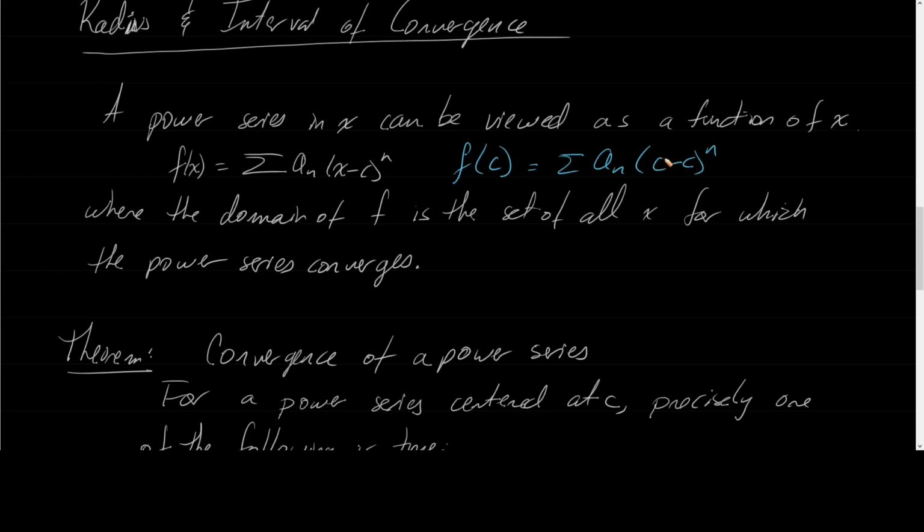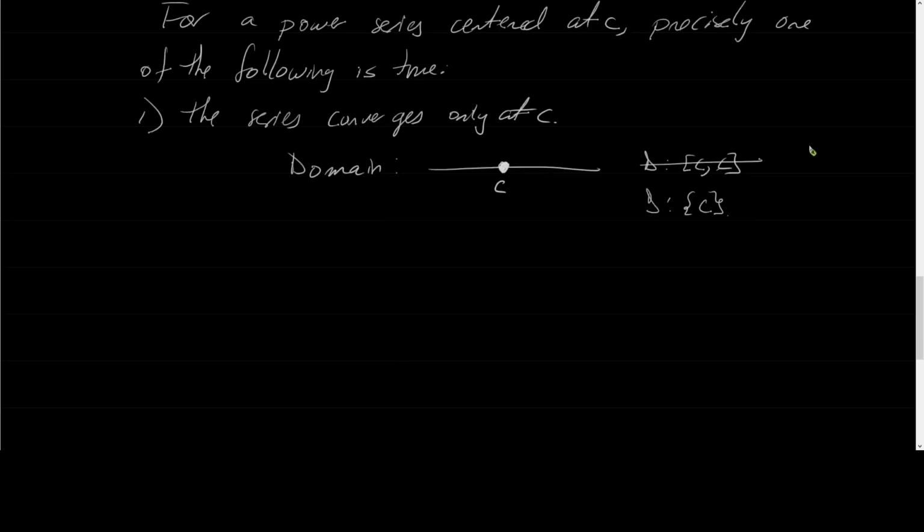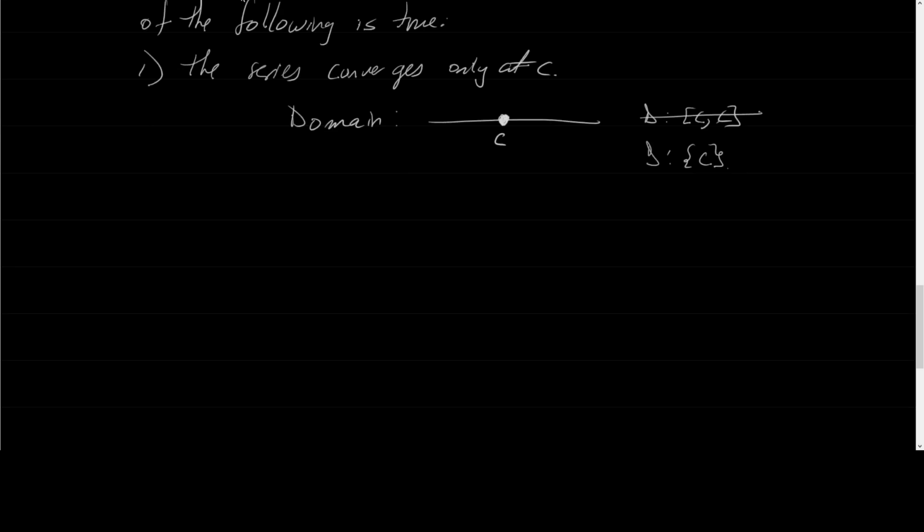So I have 0 times a sub n. 0 times any value here for a sub n, because a sub n is a sequence there, is still going to be 0. So what we're doing here is we just have the sum of 0, which is 0. And that's an actual value, so it's convergent, right? So that should make sense that a power series would always converge where it's centered at. So that's one of the possible scenarios, that it's only convergent at its center.